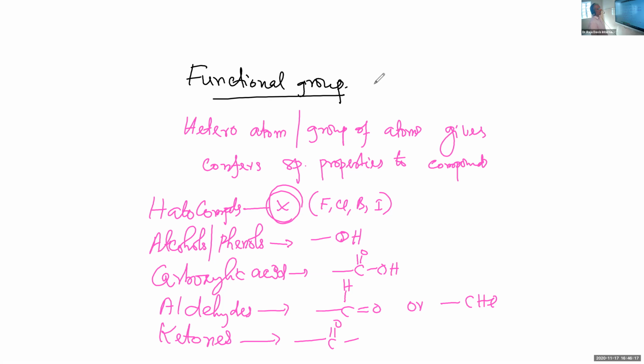These are the reactive groups in a given compound. Acid or alcohol or aldehyde or ketone, whichever be the compound, there will be a reactive group. That group that functions is called the functional group.